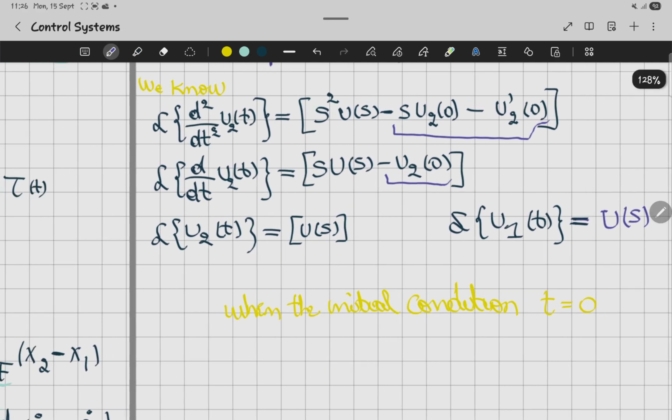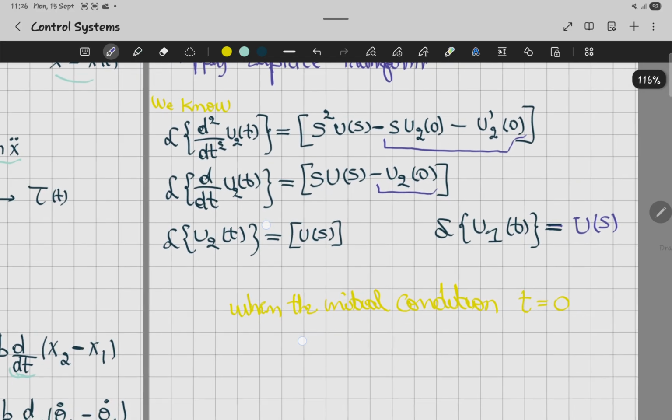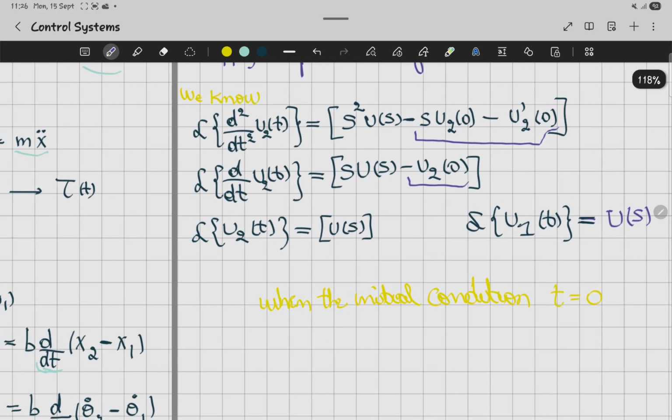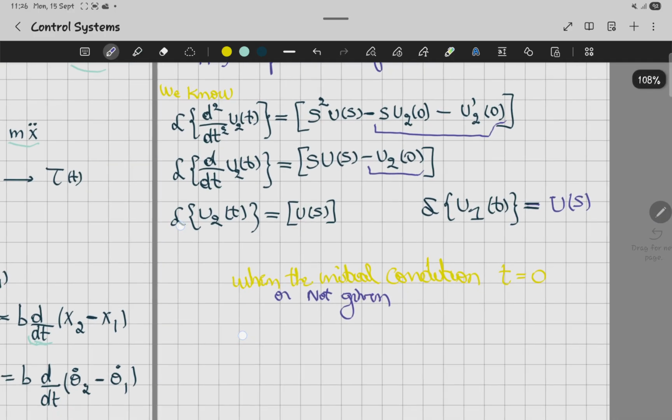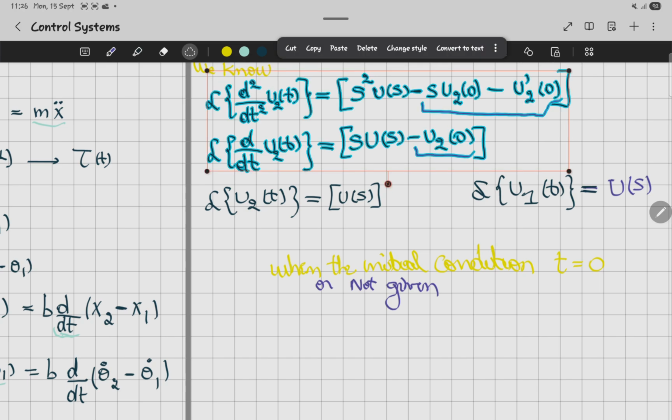But in a case that the initial condition is not given, you're going to assume that the initial condition equal to 0. So, and then your equation is going to be something, just copy this block. So we actually only need this first derivative and the second for us to apply the Laplace.